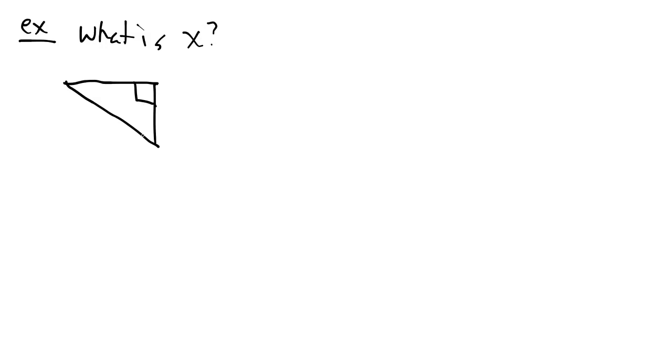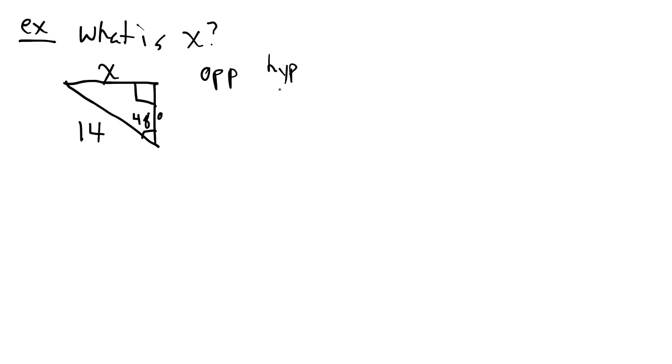And let's say that you know that this angle is 48 degrees. We know the hypotenuse is 14, and we're looking for x. So we have some angle, and we're looking for x with the hypotenuse. X is which leg? It's the opposite leg. So we have opposite, and we have hypotenuse.